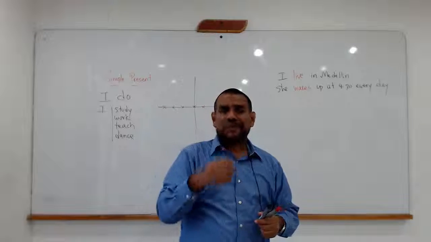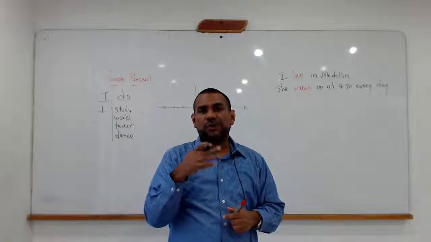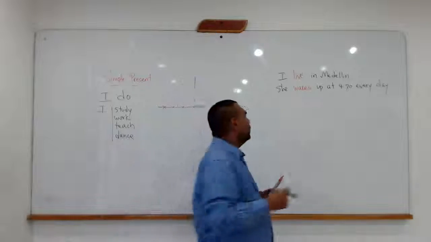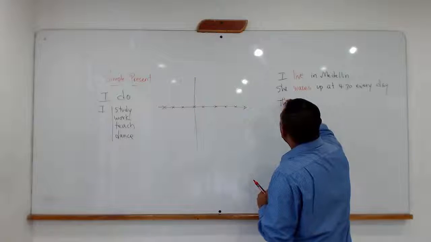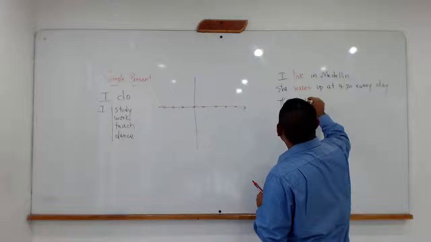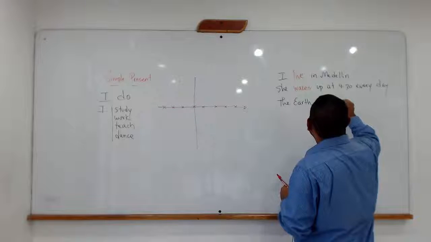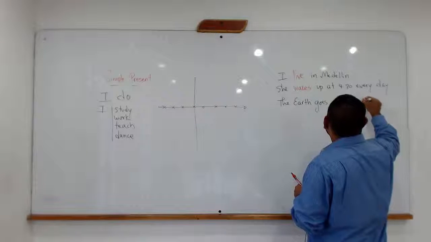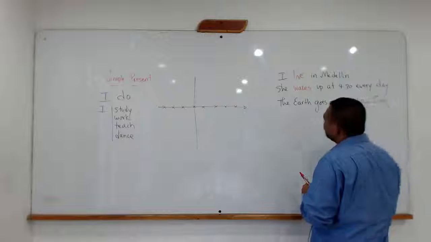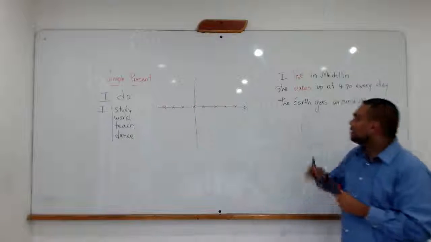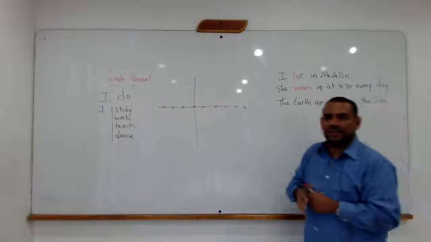Also, when talking about a simple present, we can also refer to universal facts, and I'm going to give you another example. The earth goes around the sun. Okay, look at this. The earth goes around the sun.